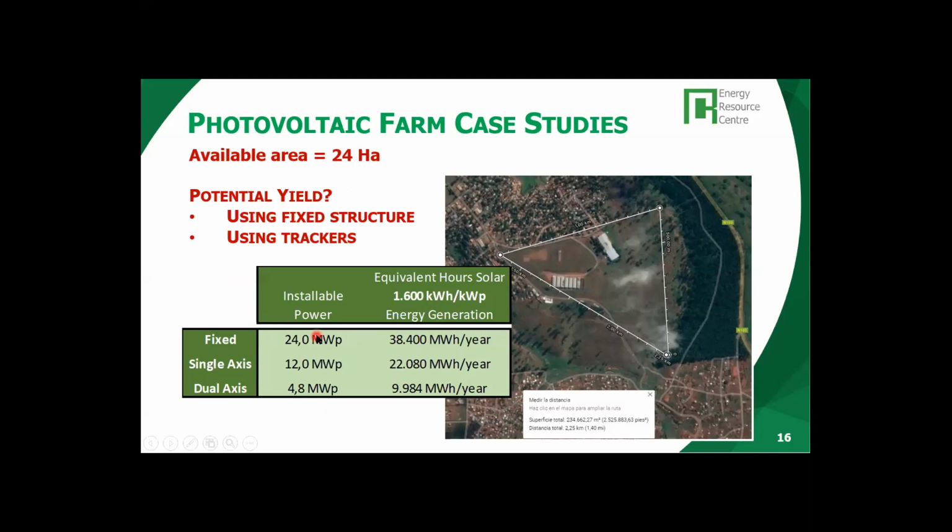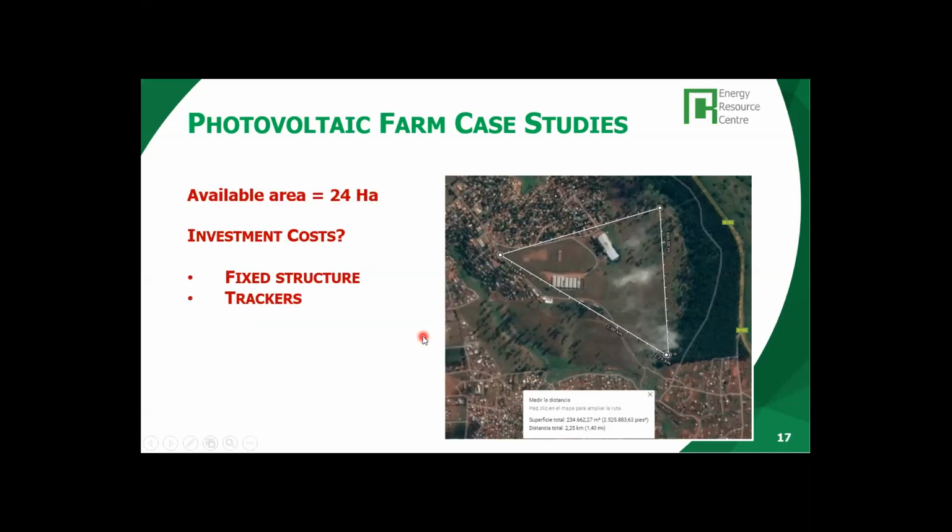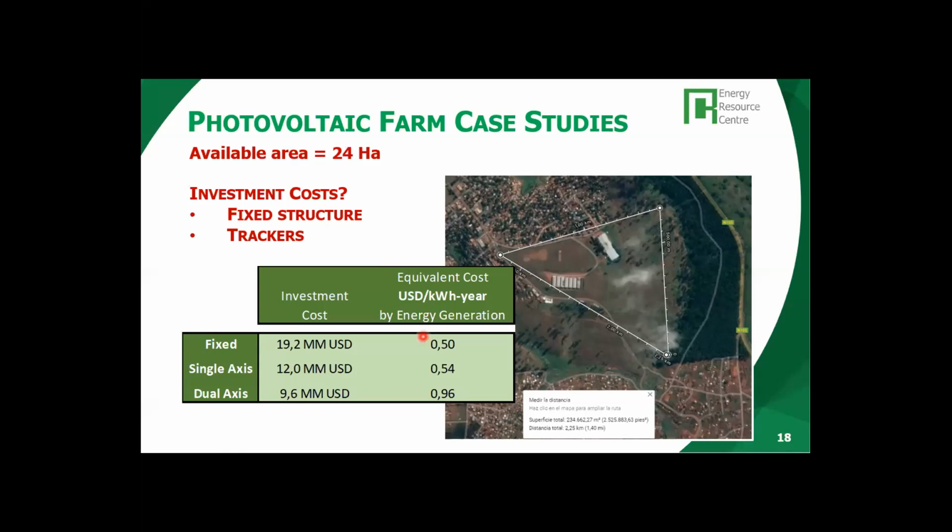If we install more PV panels, we will get more production, but the efficiency, the yield, the productivity is higher for the tracker, to the extent that if we compare the equivalent investment cost for each unit of electricity we can generate per year, we see that the fixed solution and the single axis solution are quite similar in the end. The investment cost per energy generated unit is quite similar.